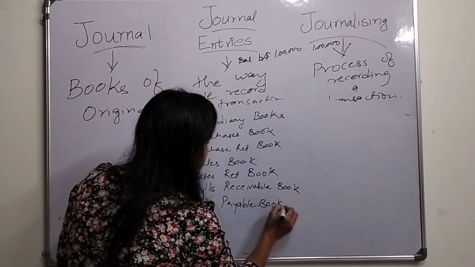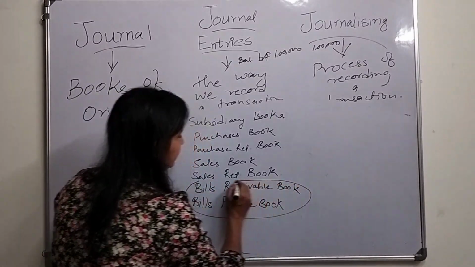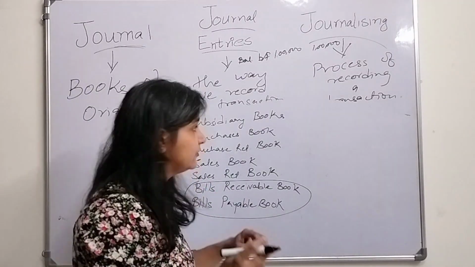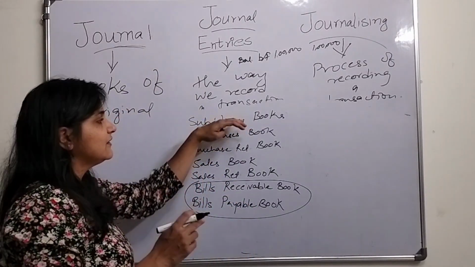Okay. Now, what is bills receivable? What is bills payable? I'm going to deal with it in the next video. But I want you to understand what these books are.